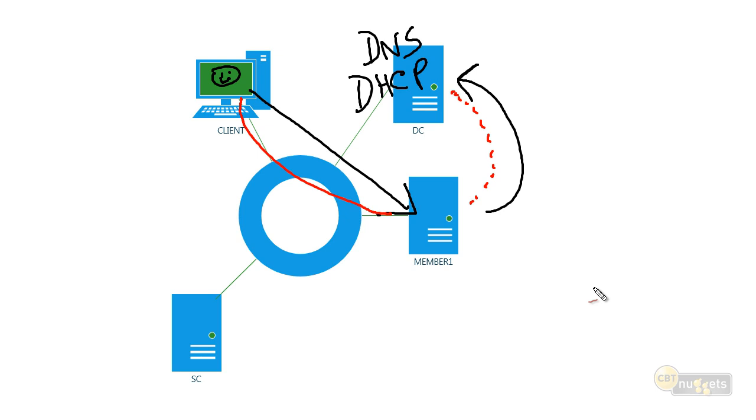So member one winds up asking the DNS server in this example to do something, only it has no permission to do it. It can't send any credentials along the way. Basically, member one is getting up to here and saying, hey, I'm an anonymous person. Would you create some new DNS records for me? And the DC says, no, I won't. And so it all kind of falls apart.